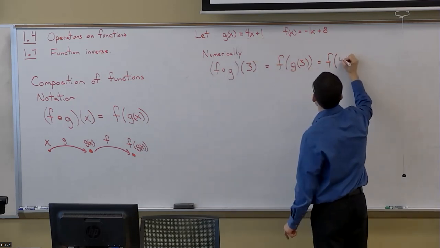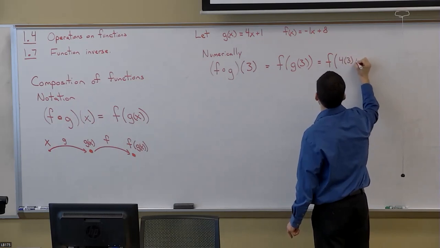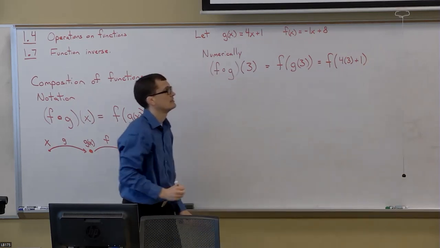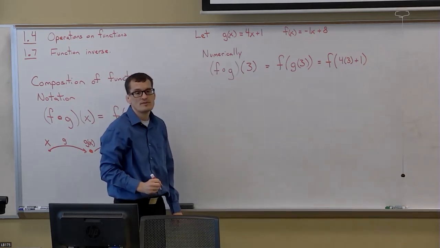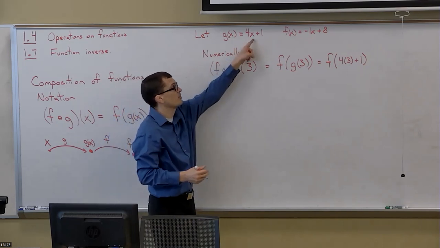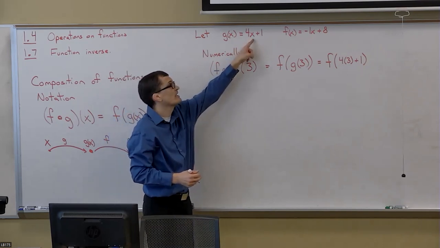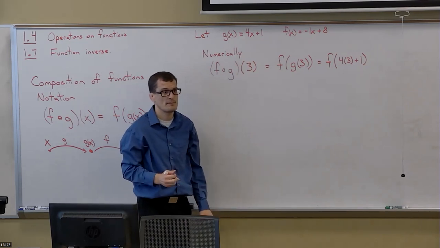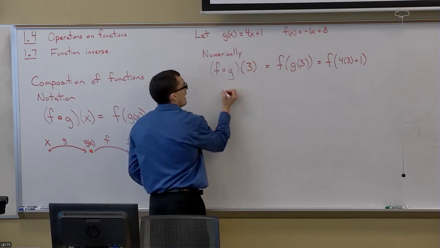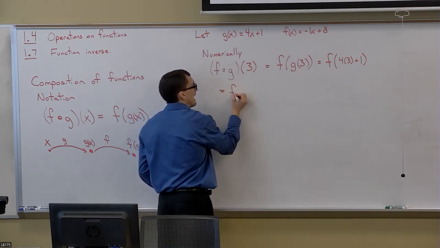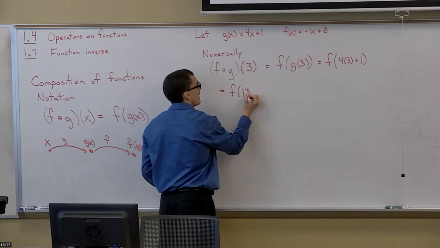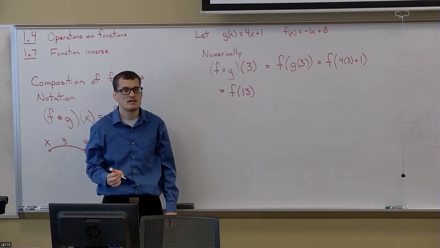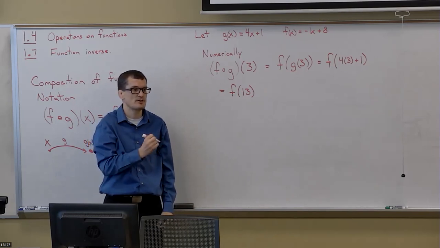So you're going to get 4 times 3 plus 1. That means when you plug in 3, it gives you an output of 13. You okay with that? So you're going to get 13 out. And then you're going to plug that 13 into the input for f.